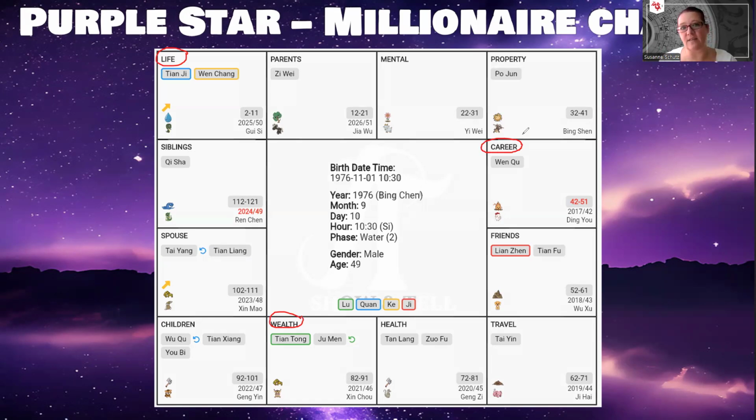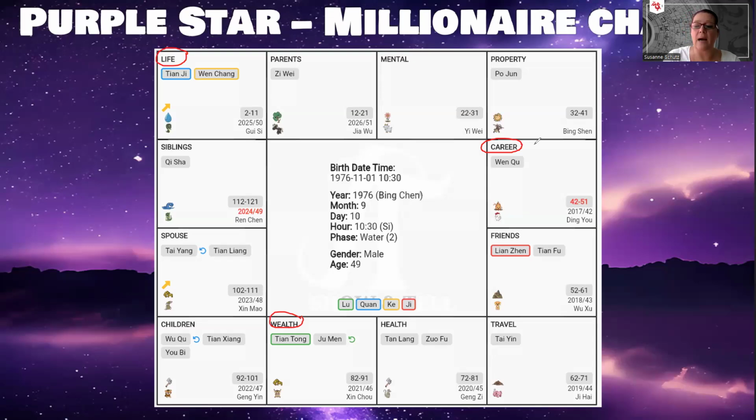Everything else is irrelevant, yeah? So don't worry about anything else. We are only looking at those three palaces. We're also calling them the 159 palaces because life palace is palace 1, wealth palace is palace 5, and career palace is palace 9. So only these three, the rest you can disregard.